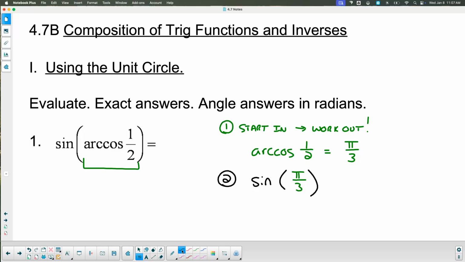What's the sine value at pi over 3? Square root of 3 over 2. So my answer here is square root 3 over 2. The kicker is on compositions, you start in the middle or inside and work your way up.